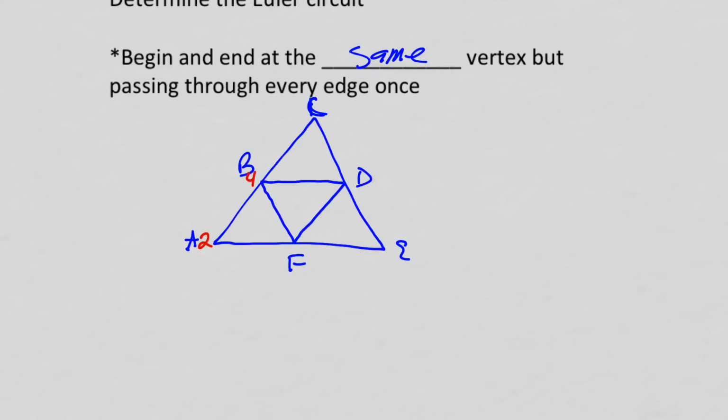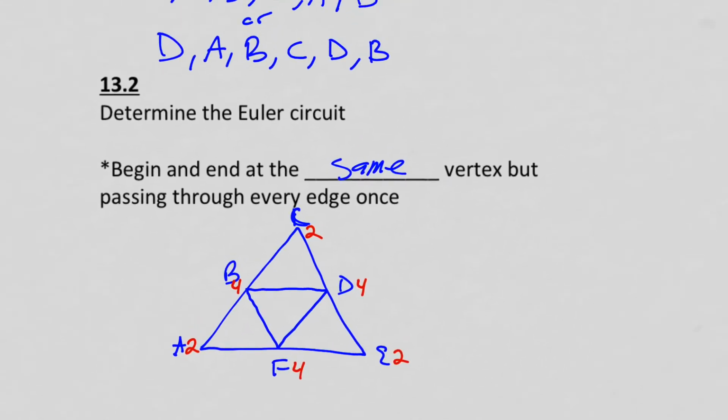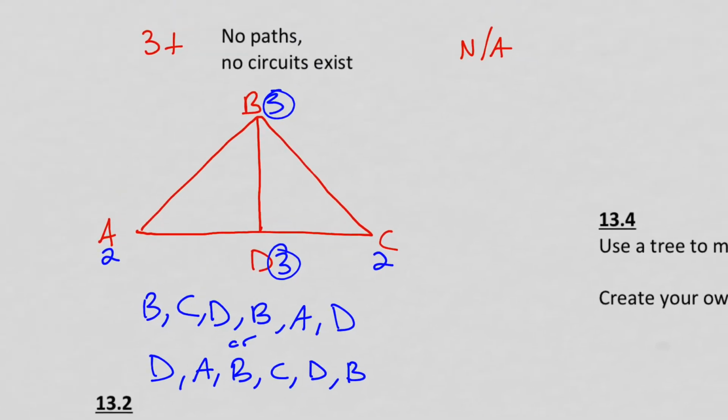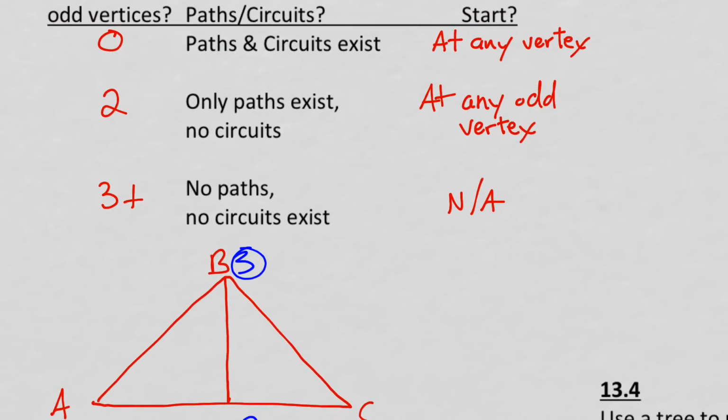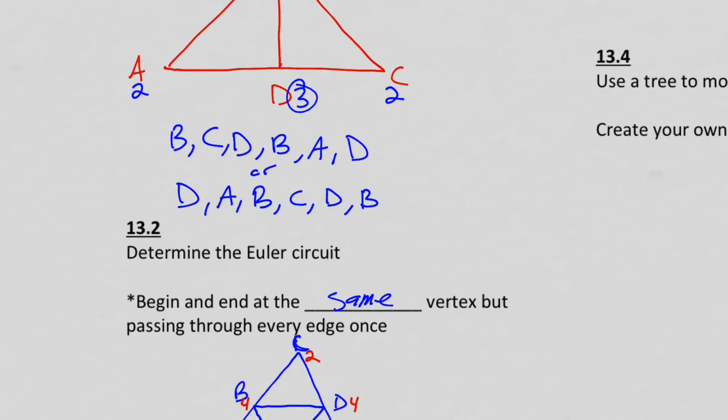There's 4 here. There's 2 here. There's 4 here again. There's 2 here, and there are 4 edges connecting to F. So as you can see, those are all even, which means we do not have any odd vertices. Okay, that means we can do a path, we can do a circuit, and we can start pretty much anywhere.